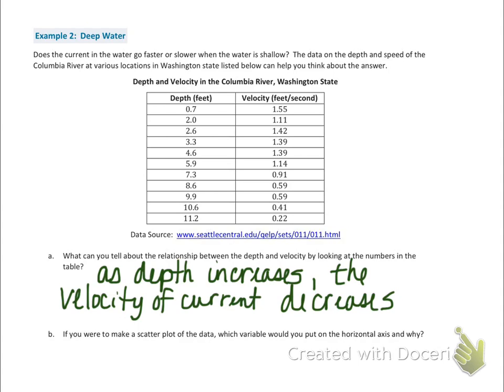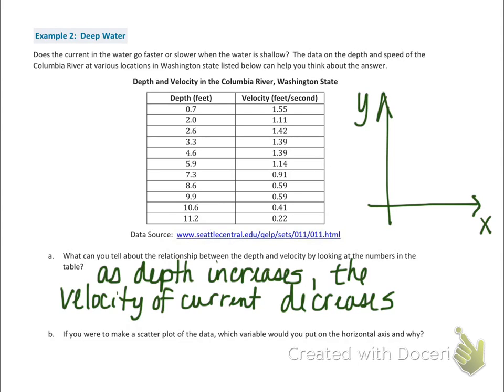If we were to make a scatter plot of the data, which variable would you put on the horizontal axis and why? So remember, we have this type of thing going on. We've got our x and y, horizontal and vertical.